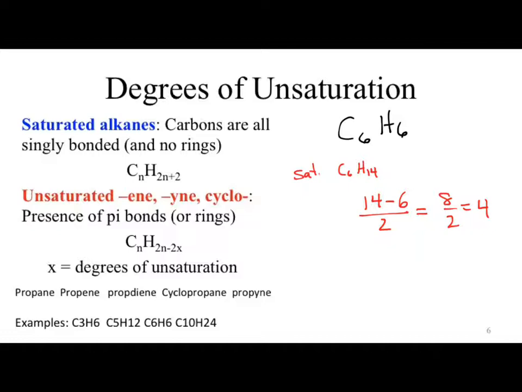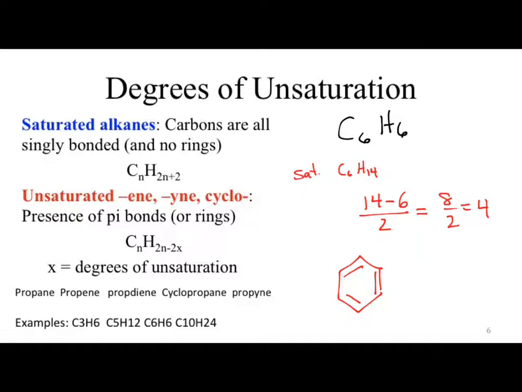So let me draw a sample structure, and you can tell me if this is going to be correct. Is this cyclohexane? How many degrees of unsaturation are in this? So remember, what counts as a degree of unsaturation?